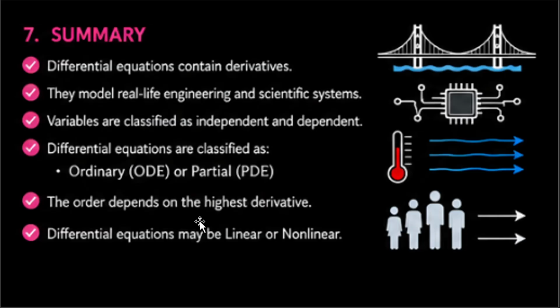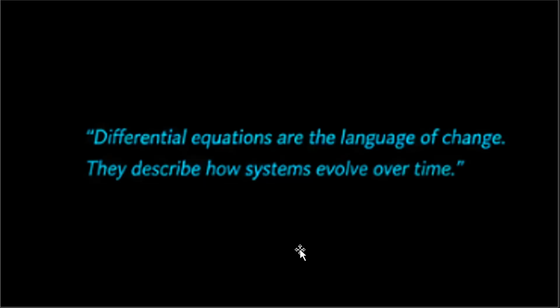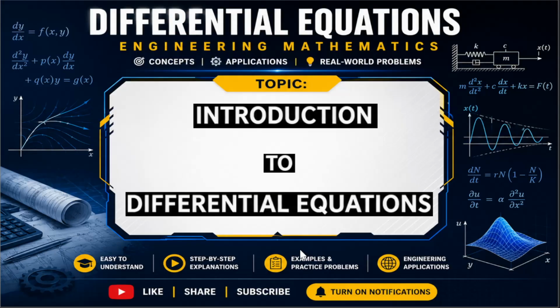The order depends on the highest derivative, and a DE may be linear or nonlinear. Okay, so we have this quote: differential equations are the language of change. They describe how systems evolve over time. Okay, that is the end of our discussion.